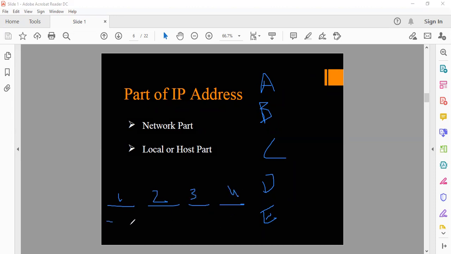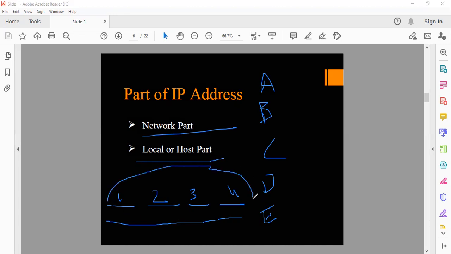These four octets are divided into different parts in IP addressing, which may be a network part or a host part. On the basis of these octets, we form the five classes of IP addressing: A, B, C, D, and E.